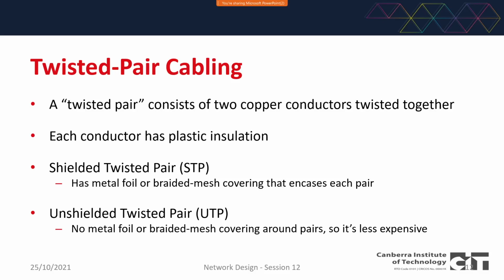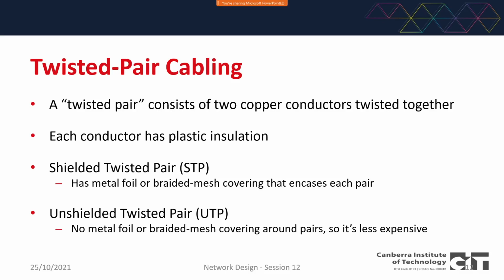All right. Now, each conductor has plastic insulation, and we do have two options, the shielded twisted pair and the unshielded twisted pair. Here in Australia, I've pretty much never seen the shielded twisted pair used for standard applications such as home applications, small to medium-sized businesses, and so on.